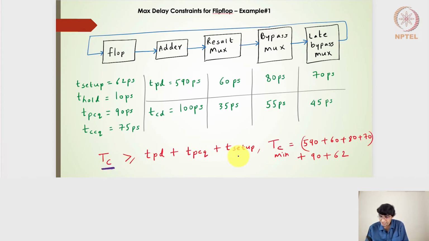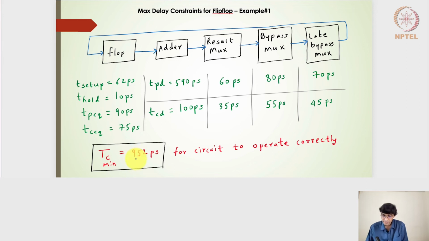TC minimum will be nothing but 90 plus 590 plus 60 plus 80 plus 70, plus the setup time, so that it arrives at least before the setup time of the second clock. So 590 plus 60 is 650, plus 150 is 800, 890, 952.